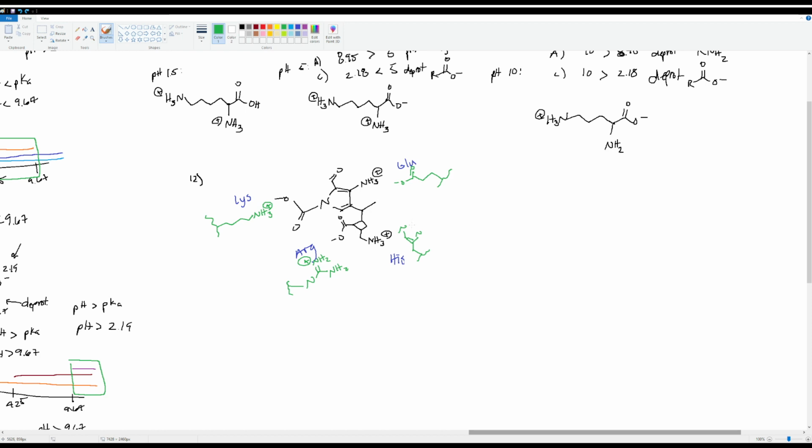Two, three, four. There we go. It's very scuffily drawn, but it'll get the point across. No, this looks disgusting. I hate drawing histidine. It's one of my least favorite ones because it's a 5-membered ring, and I suck at drawing 5-membered rings. I don't know why, but I've never, ever been good at it.